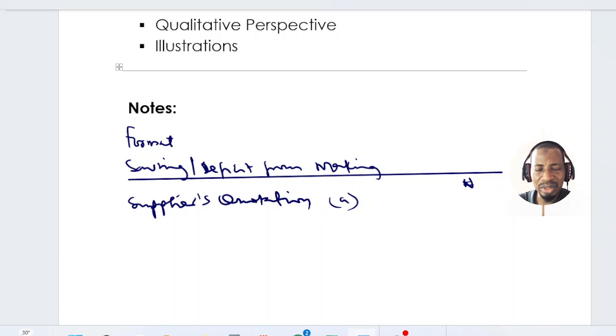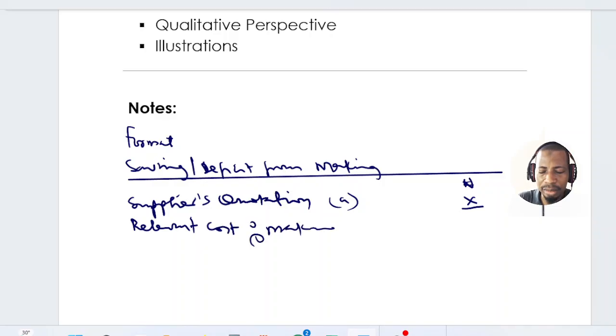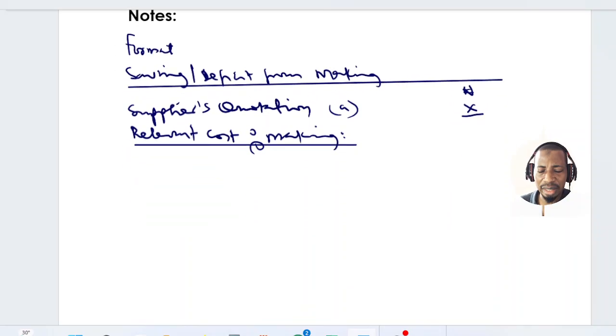So go into the question, pick the supplier's quotation, then you post, you close. That's number A. Then you compare this with the relevant cost of making the component.